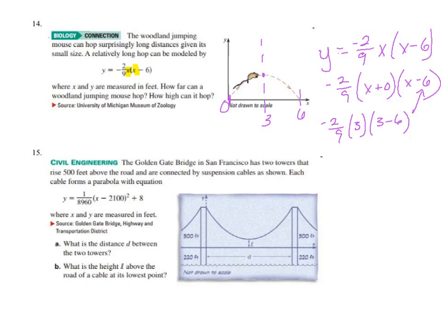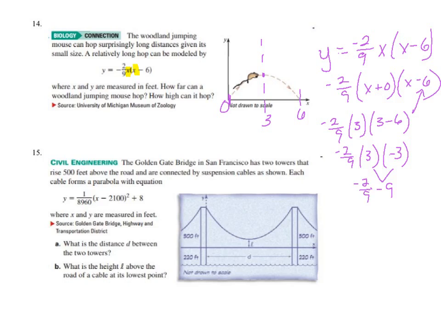So I've got to deal with my parentheses, that's a negative, there we go. So I've got that, and now I'm going to multiply, and in multiplication you can really do it in any order. I'm going to multiply my 3 and negative 3 to get negative 9, and then I need to multiply that by negative 2/9.